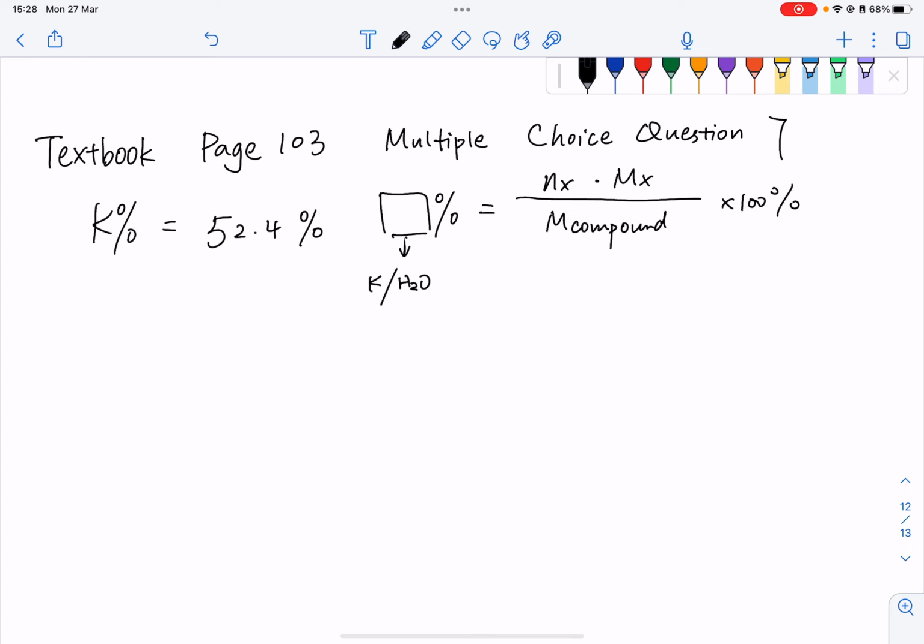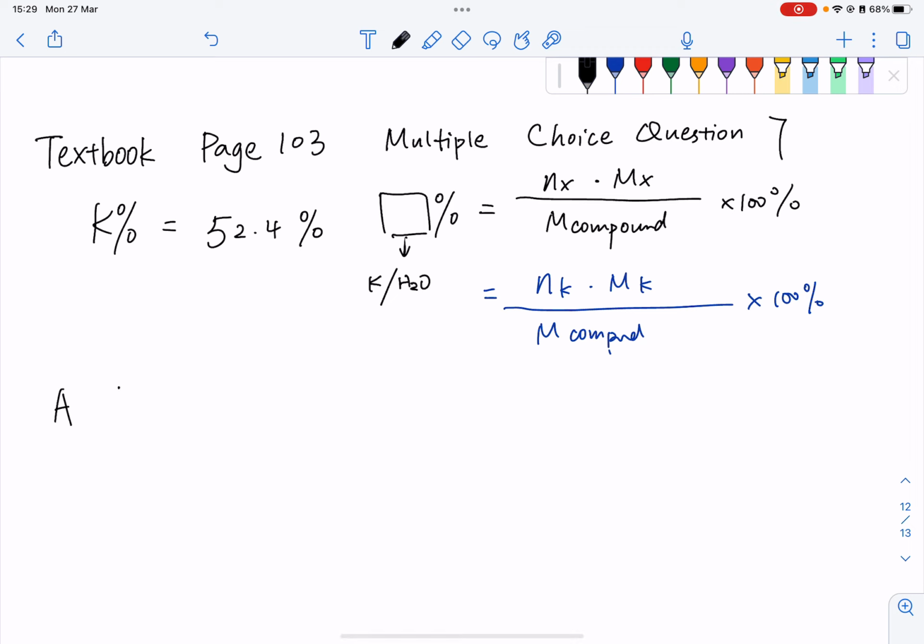N_X represents the number of atoms, or the number of water molecules, and M_X is the mass of that atom or water molecule. So here, it would be N_K times the mass of potassium over M_compound, times 100. Now let's take a look at the 4 different choices.